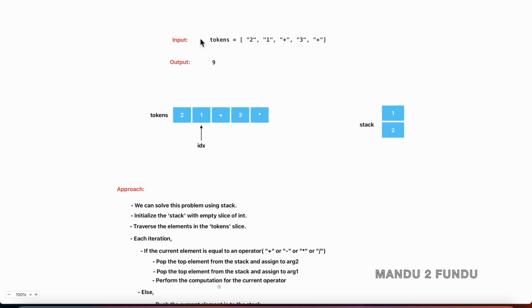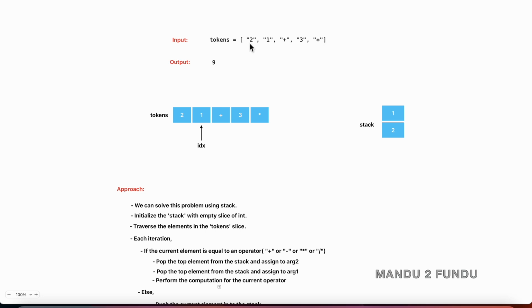So we are given this input array and the expected output is 9. Basically, we can solve this problem using a stack. In order to evaluate this expression, we have to process all the elements in the array.